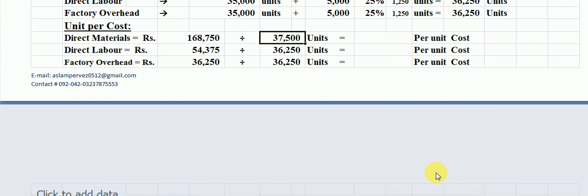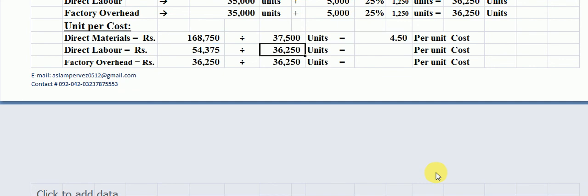Now students, we find the per unit cost as a material, labor and overhead here. So we divide the cost by the number of units here.